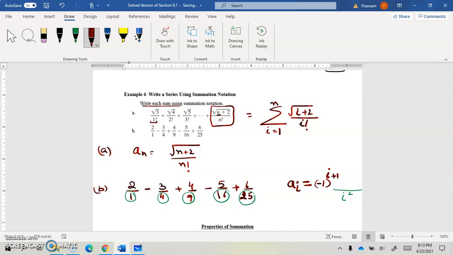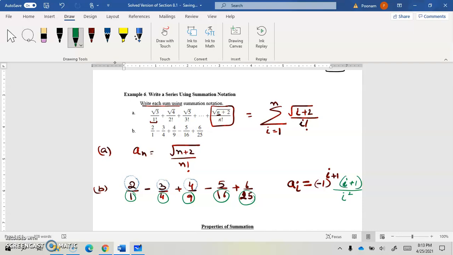Now the numerator: we have 2, which is 1 plus 1, 3, which is 2 plus 1, 4, which is 3 plus 1. So in general, I think the numerator is i plus 1. So that is my general term.